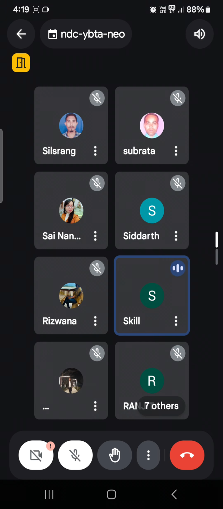So in the last class, we have seen the boosting algorithms in machine learning. Today we will see AdaBoost. It is short for adaptive boosting.